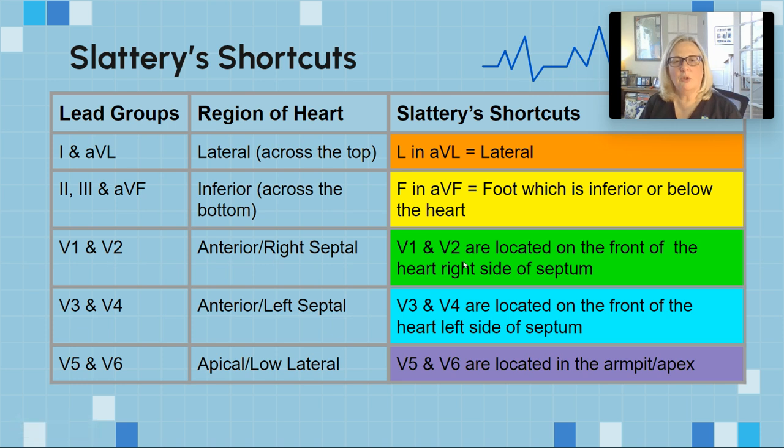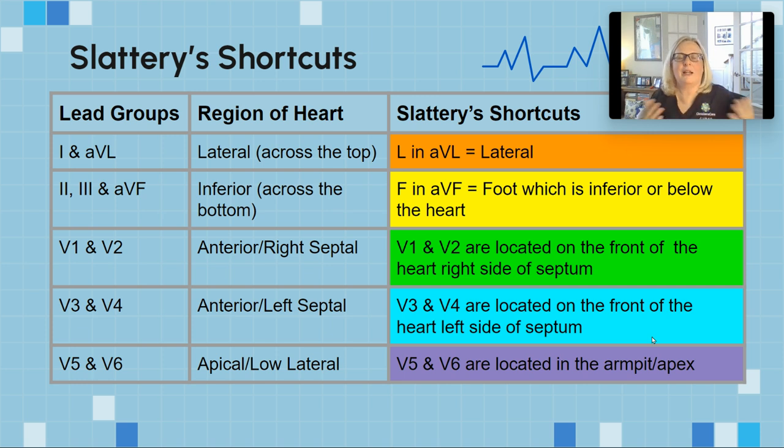So V1 and 2 are located on the front of the heart, literally on the right side of the septum. Same with V3 and V4 on the front of the heart, anterior, on the left side of the septum. We drew a picture of that on our notes, so you can see where the line of the septum goes. And then 5 and 6 are literally located in the armpit, which is where the apex is located.